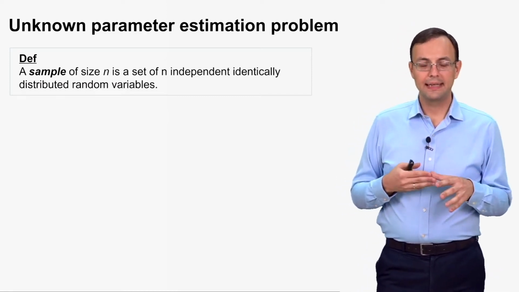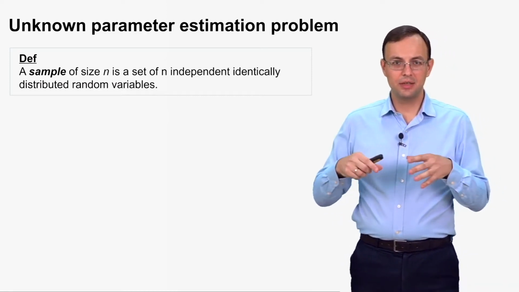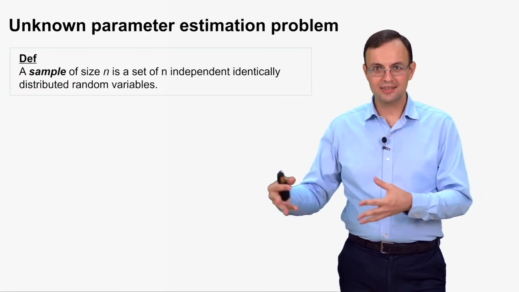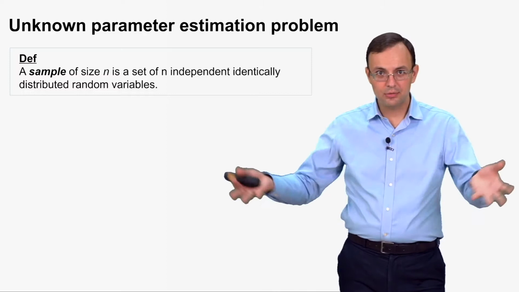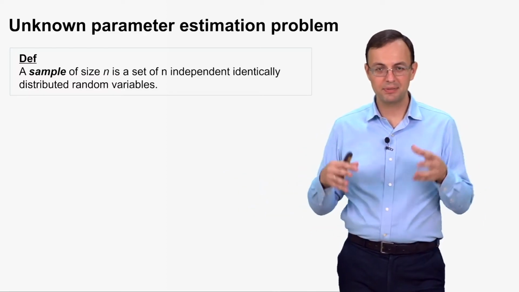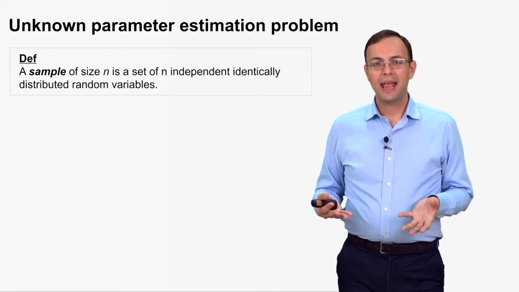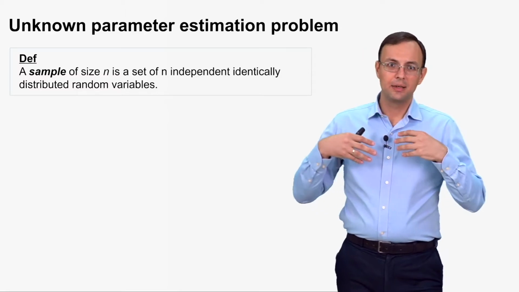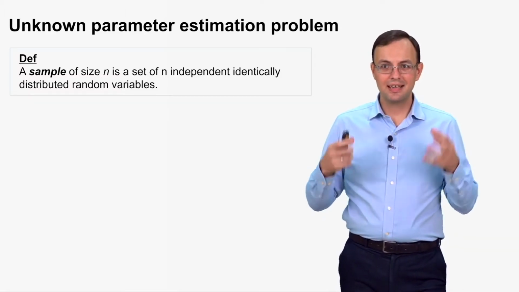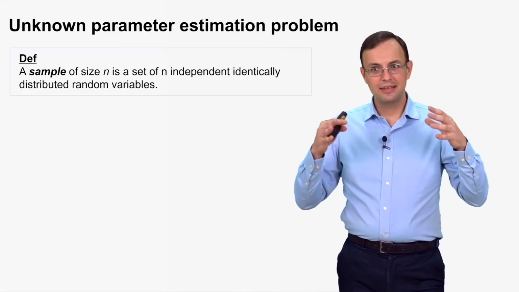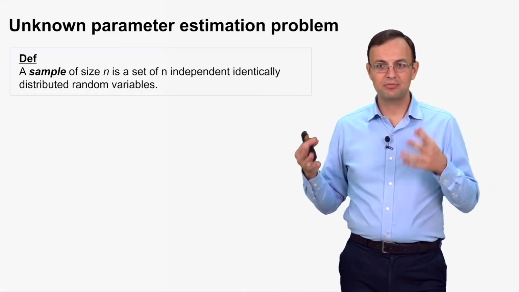So just in practice, the sample is the result of our observations. So the sample is what we observed. And in a mathematical sense, a sample is a set of n independent, identically distributed random variables.